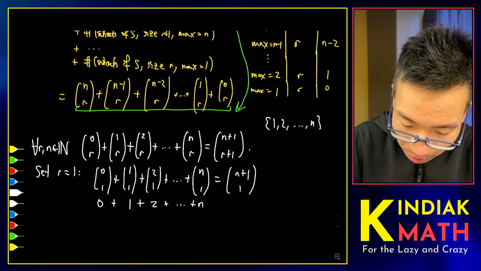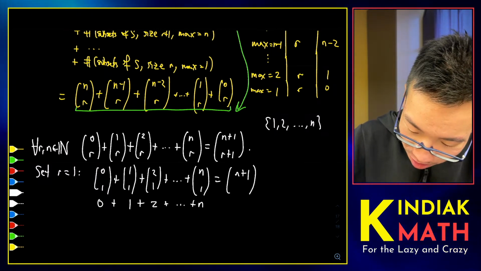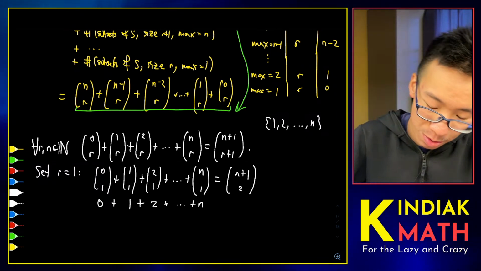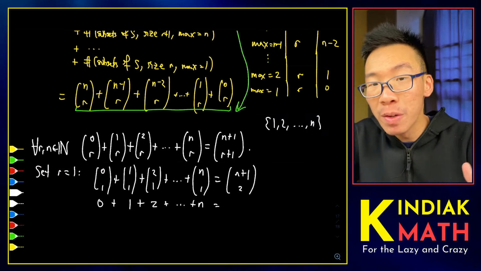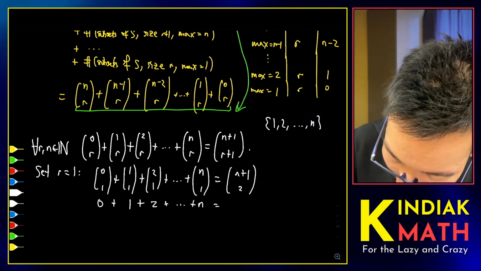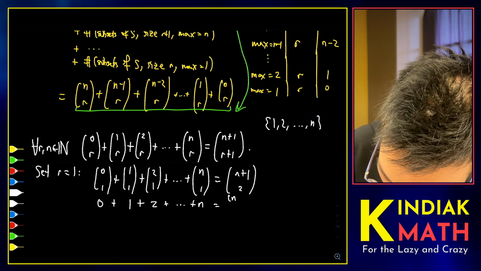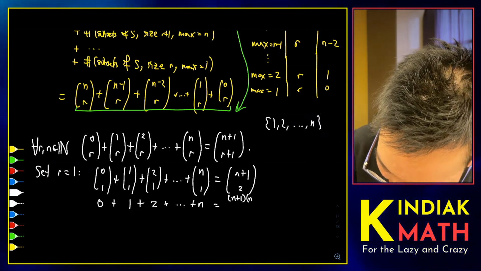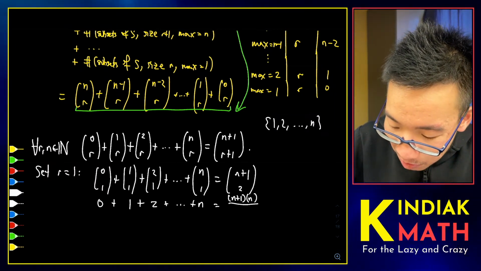And this over here, pardon me, this is not 1, this is actually 2. n plus 1 choose 2. And we have a formula to calculate n plus 1 choose 2. That is going to be the first term times the one less than that over 2.